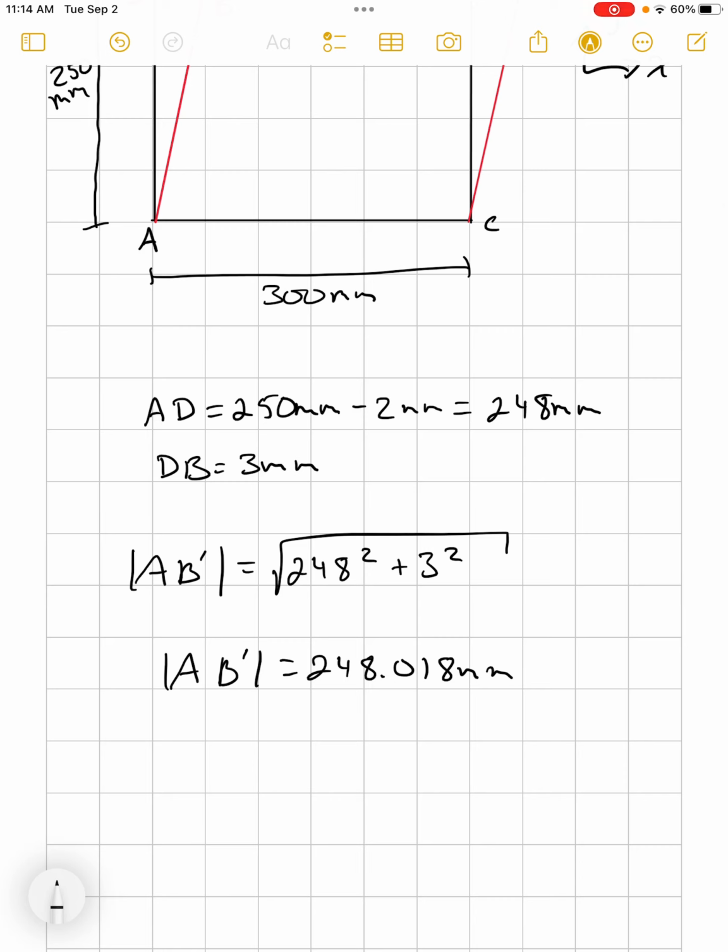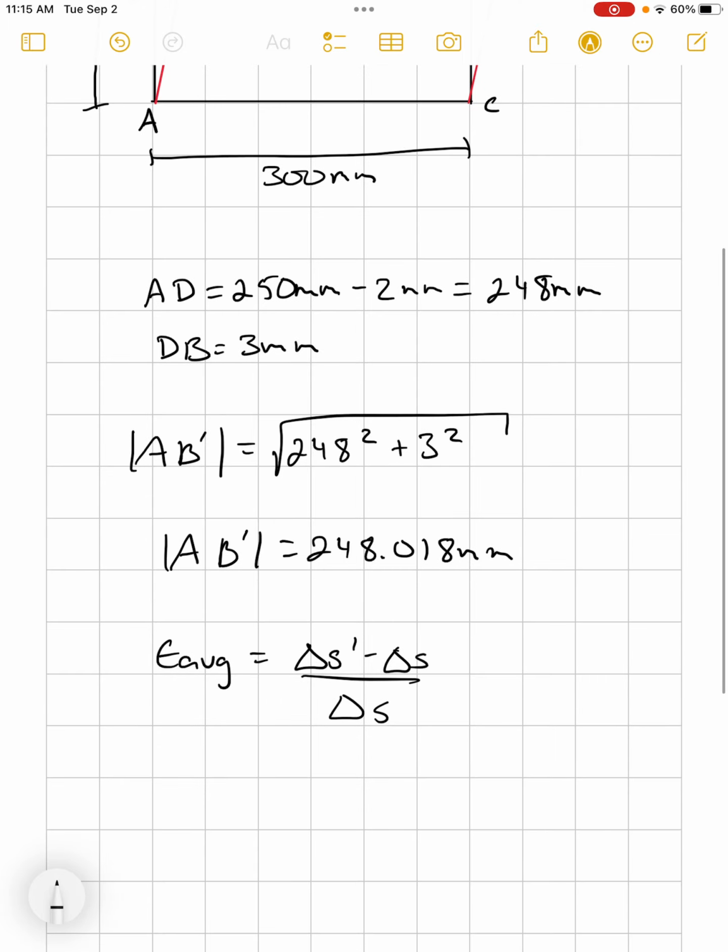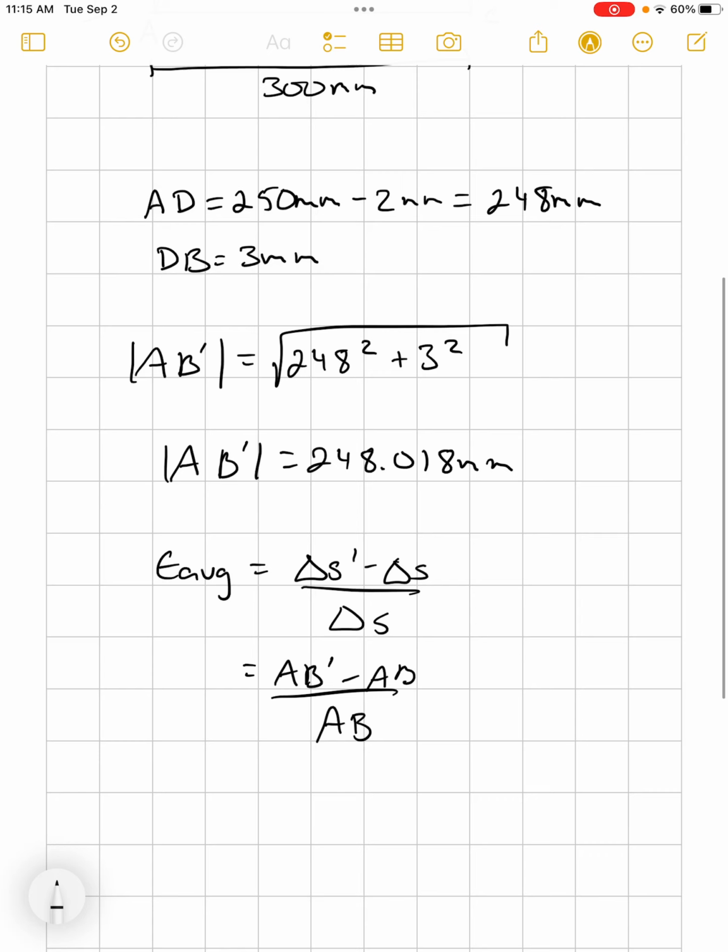So we want to find the average normal strain, and again, this is the difference between the original length and the final length divided by the original length, so that's going to be delta S prime minus delta S over delta S, okay? In our case, we can write this as AB prime minus AB over AB.